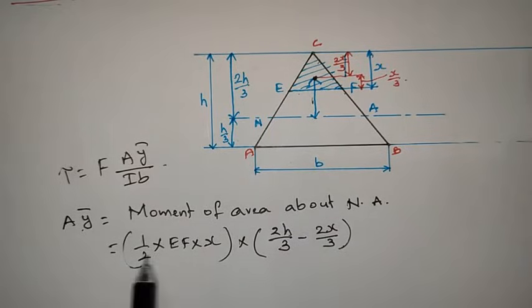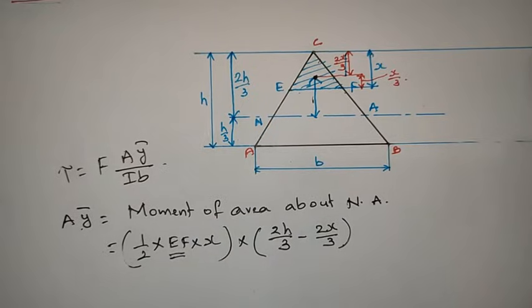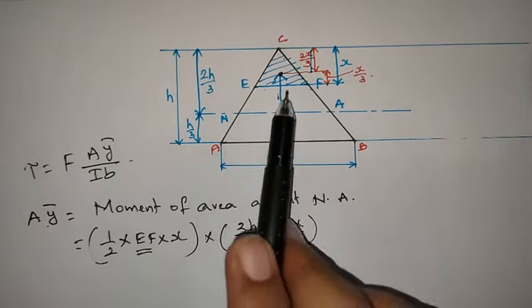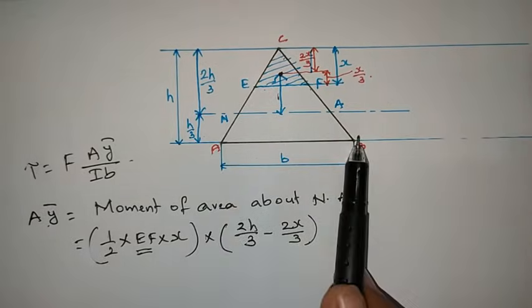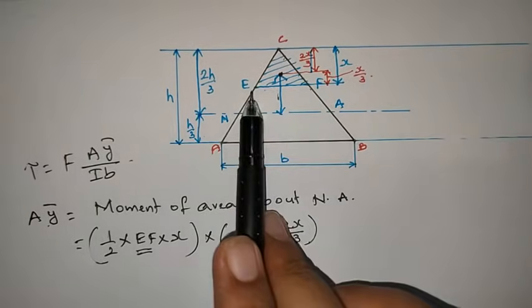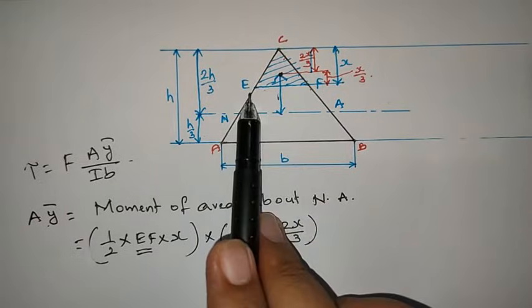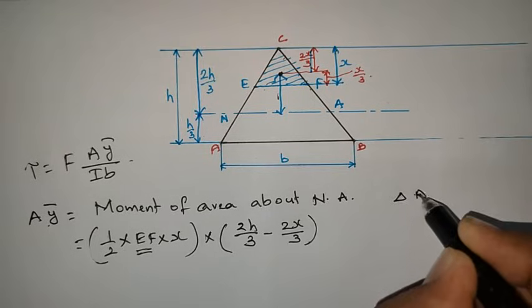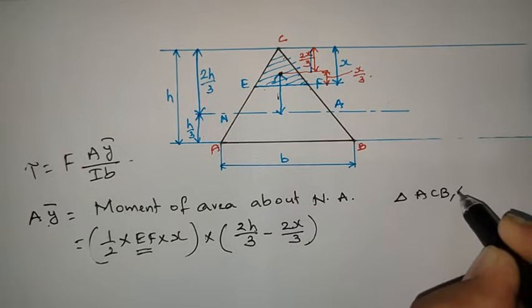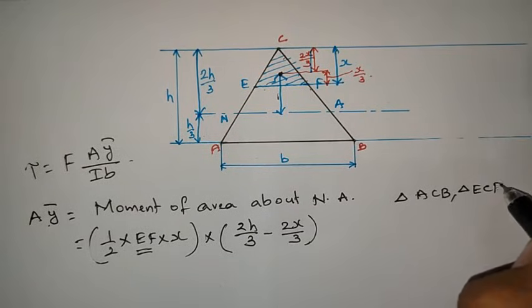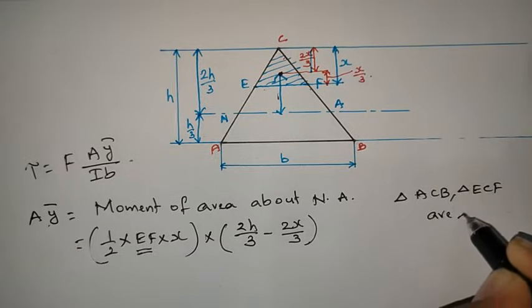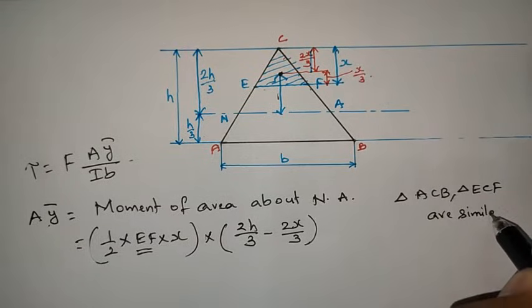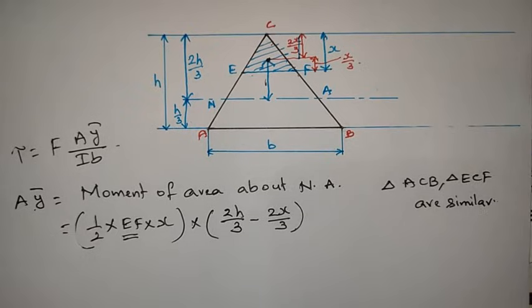So now in this entire expression, the unknown term is EF. EF value ne kanukovali. So now if you see the figure, triangle ACB and triangle ECF are similar triangles. So triangle ACB, triangle ECF are similar. From that what can I write?